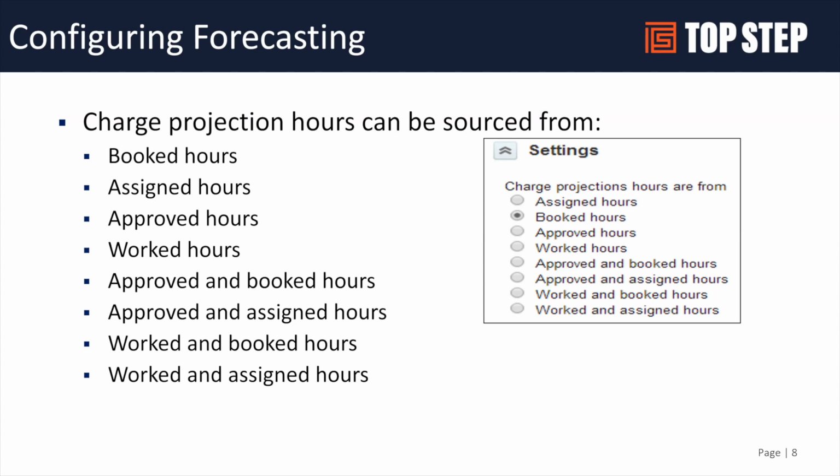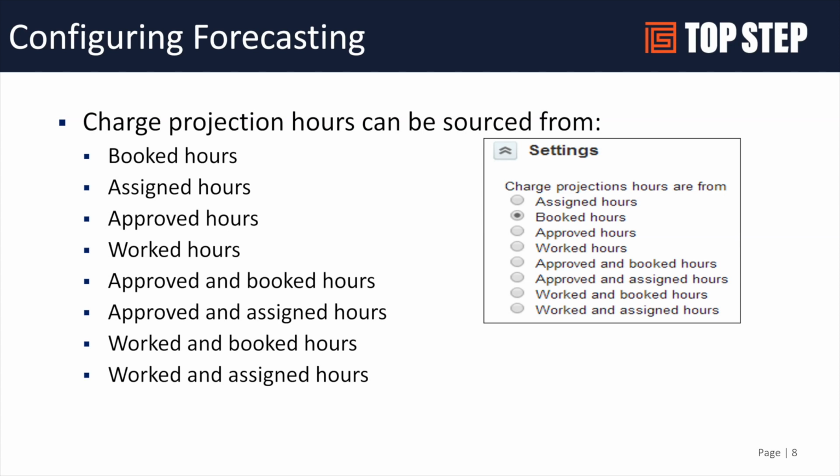Assigned hours is if you are using a project plan to drive the future. So you're managing your start and finish dates inside your project plan, and you're managing the assigned hours down at the user level. This can also be the basis for looking forward. There are some challenges with using assigned hours.